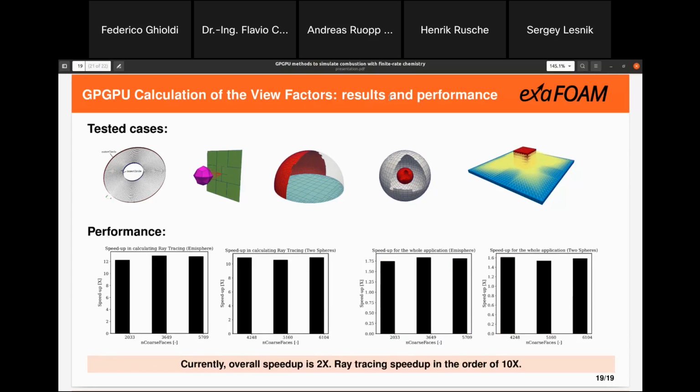But even with these drawbacks because of data manipulation and data copy, we still have a 2-fold speedup for the tests that we have conducted up to now. So overall, we have a global 2-fold speedup for the different tests, but we want, and this is what we are currently doing, to investigate the performances when we go to something industrial, as I said.